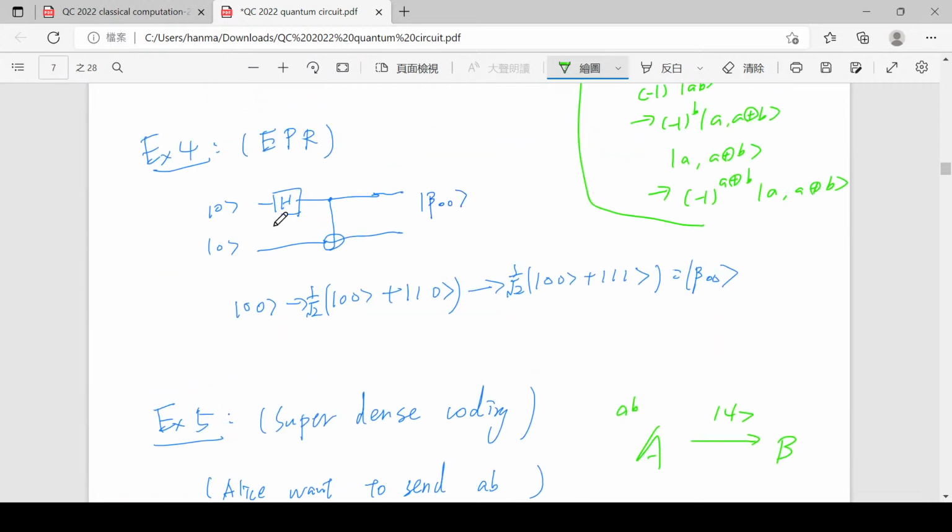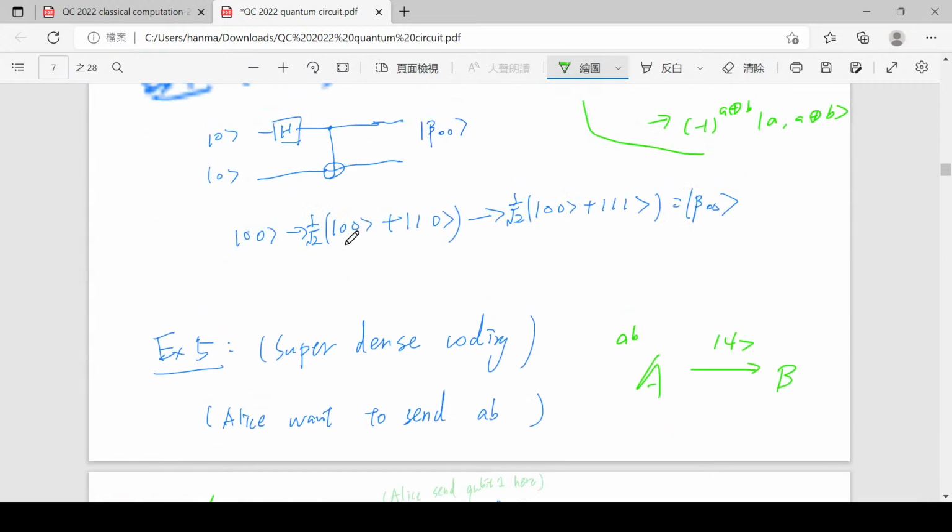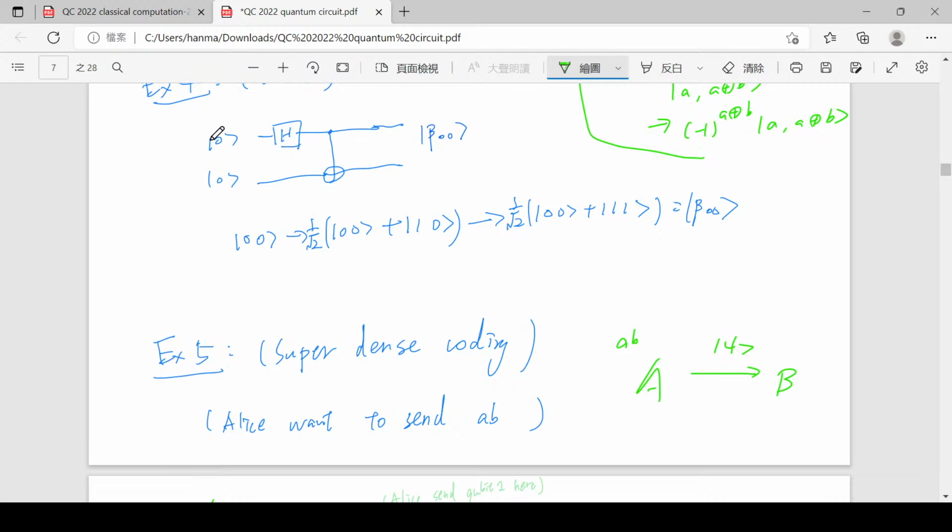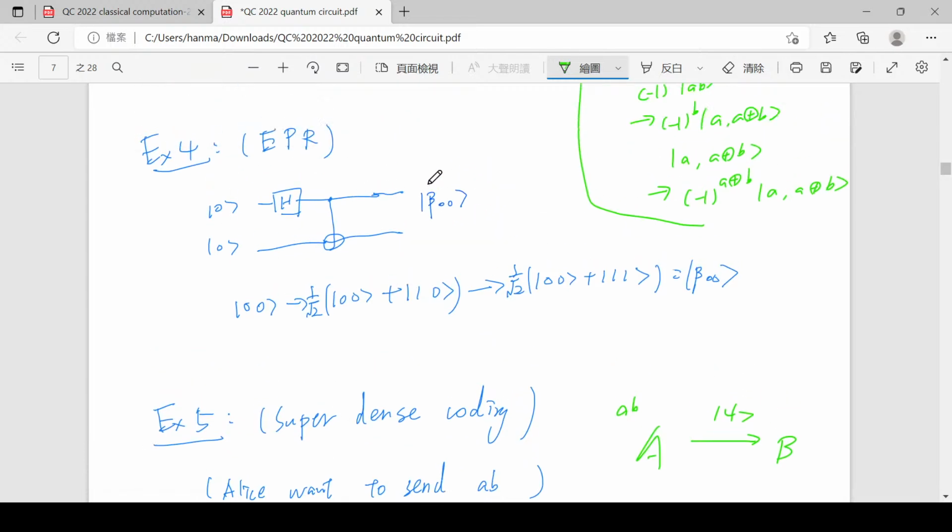So this thing and its reverse is quite useful. It is a transformation between the computational basis and the Bell basis.